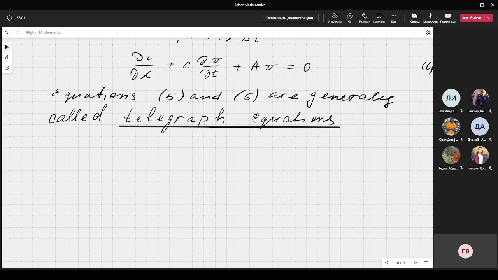From the system of equations 5 and 6, we can obtain an equation that contains only the desired function I of x,t and an equation containing only the desired function V of x,t.